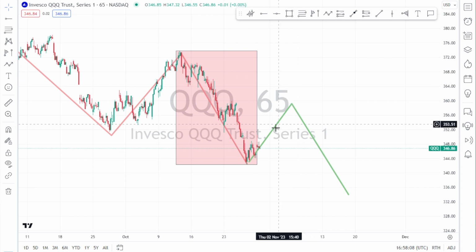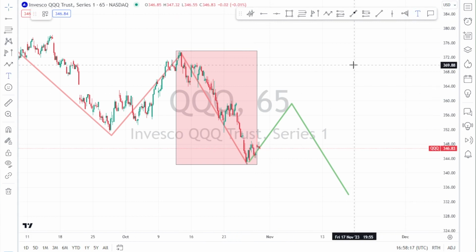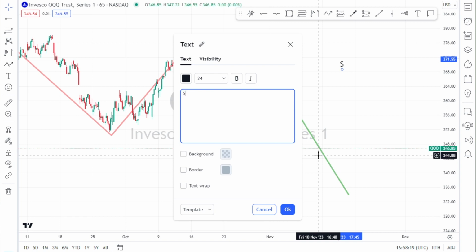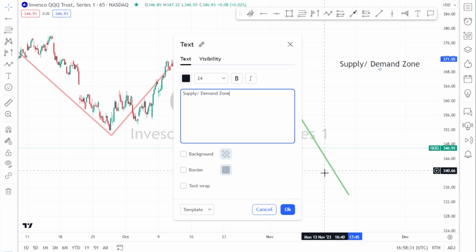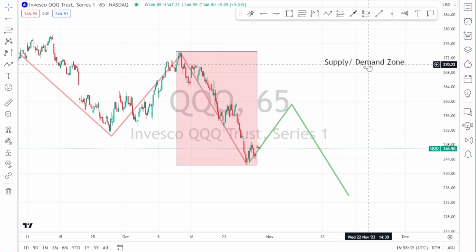Okay, so I'm going to use three tools. Here, let me write this on here. Supply and demand zones. Let me actually write that out. That's a pretty well-known concept for finding transition areas.